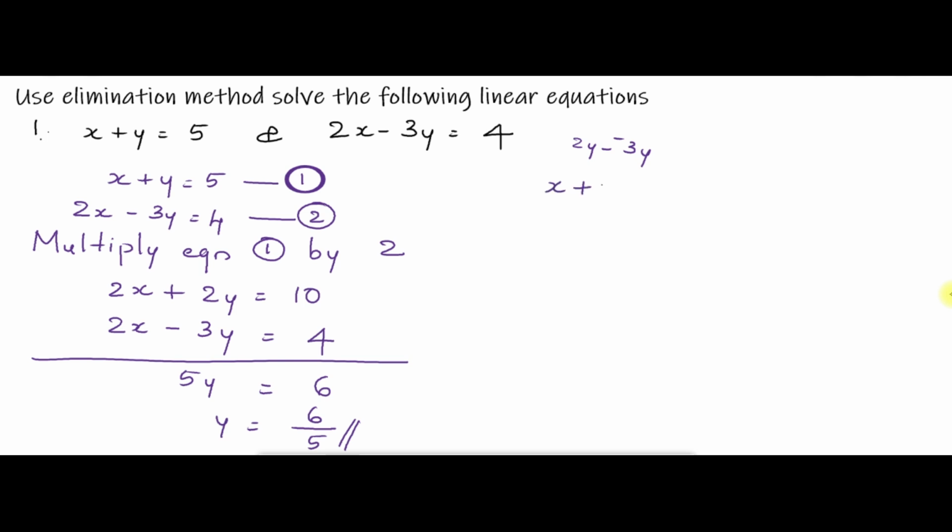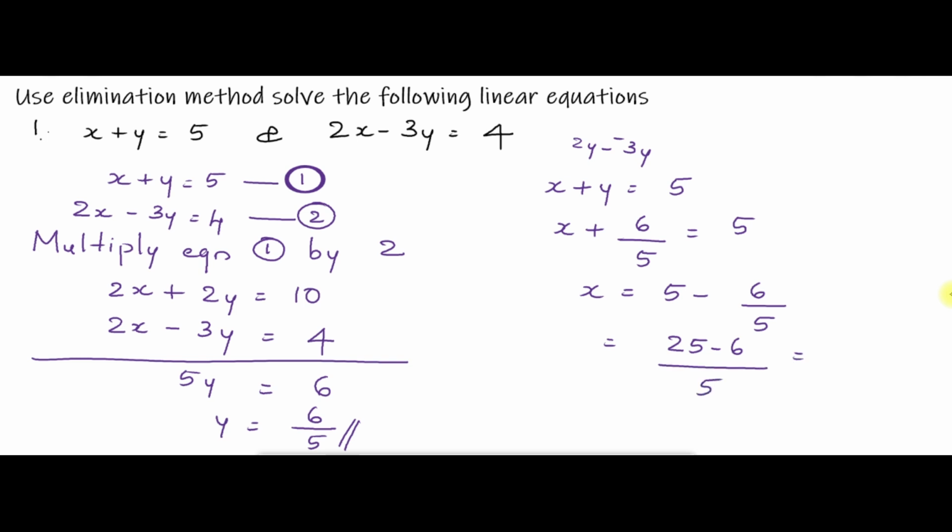So, x plus y equal to 5. x plus 6 by 5 equal to 5. x is equal to 5 minus 6 by 5. Taking LCM, 25 minus 6 by 5, which is equal to 19 divided by 5. So, you got x as 19 by 5 and y as 6 by 5.